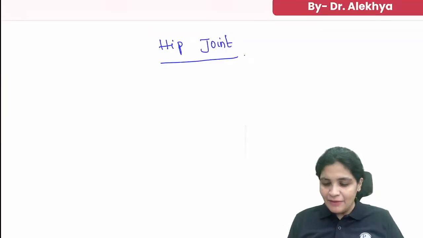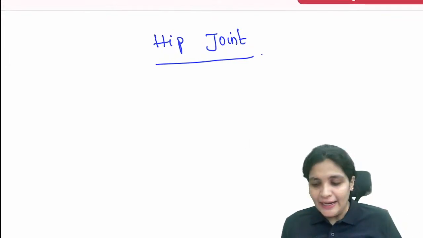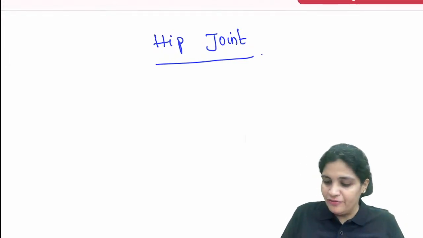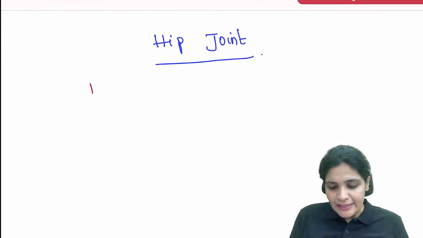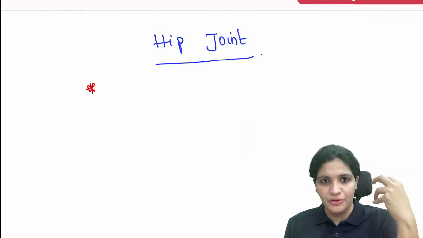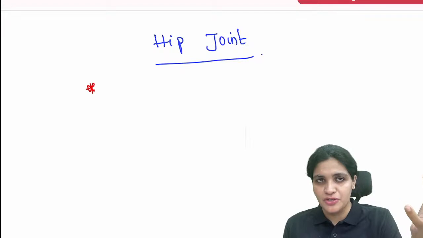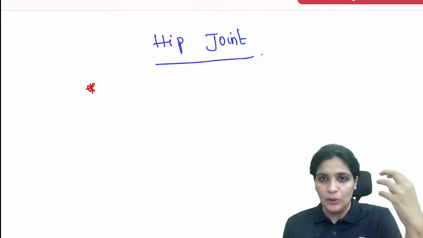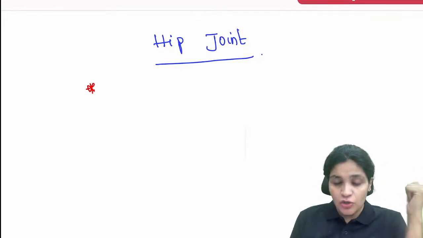Okay, I was telling you about the hip joint. The hip joint is usually not given as a case in any exam. For undergraduates, it is not a written case. It is actually a long case for the postgraduate.